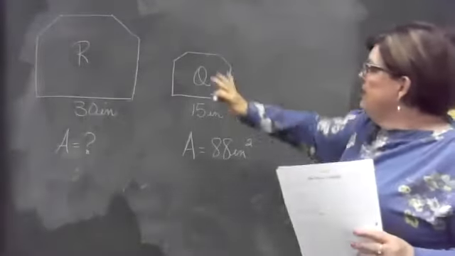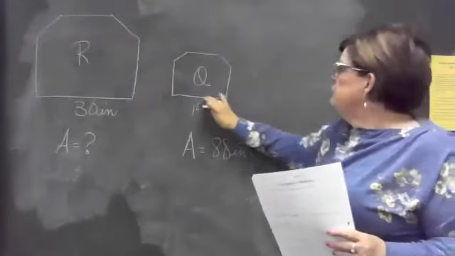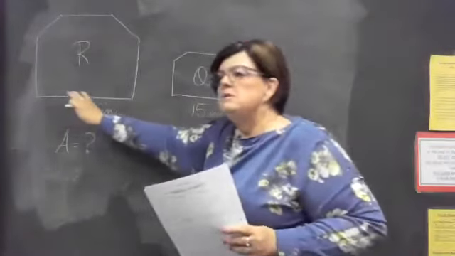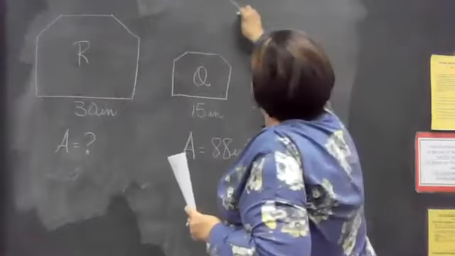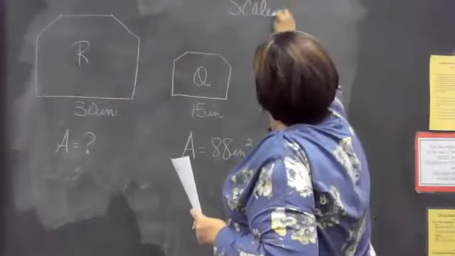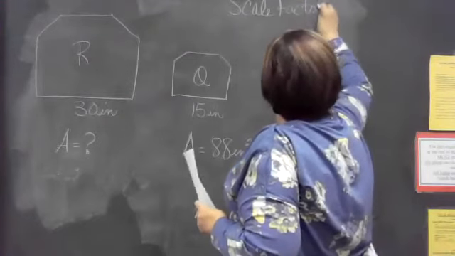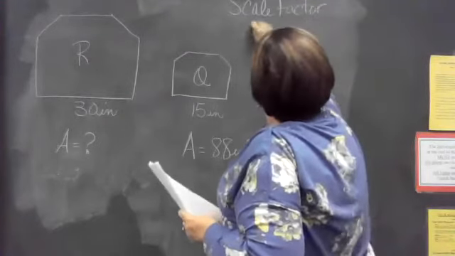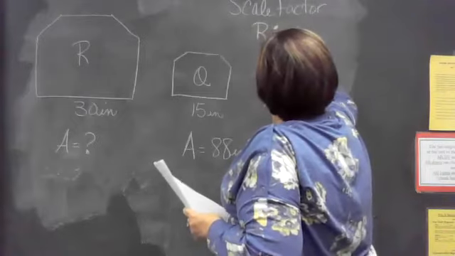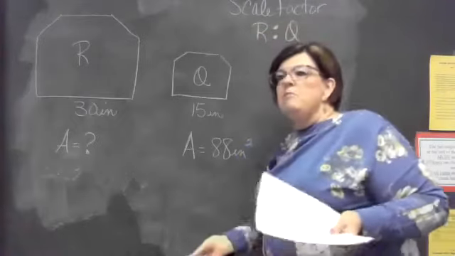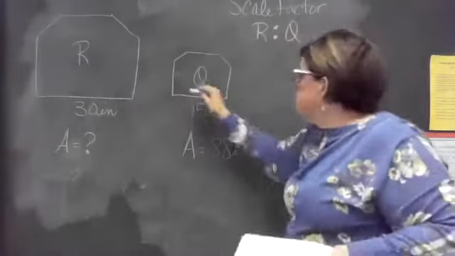So looking at just the figures, these are just straight lines, these that they gave us. So the scale factor from R to Q is the same as we've always done because that's a straight line.